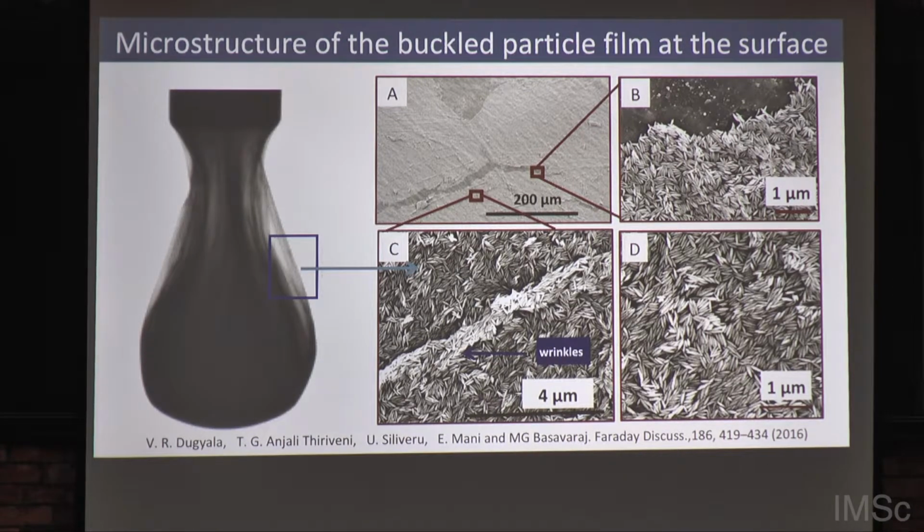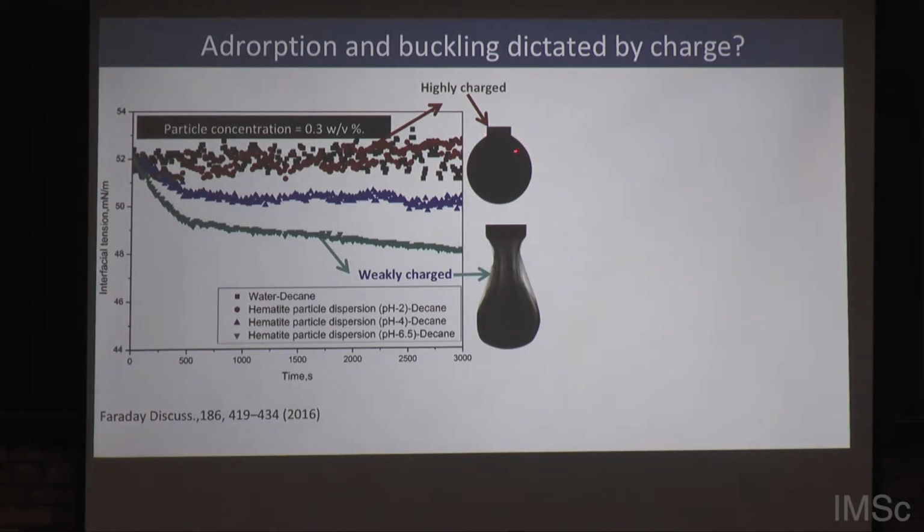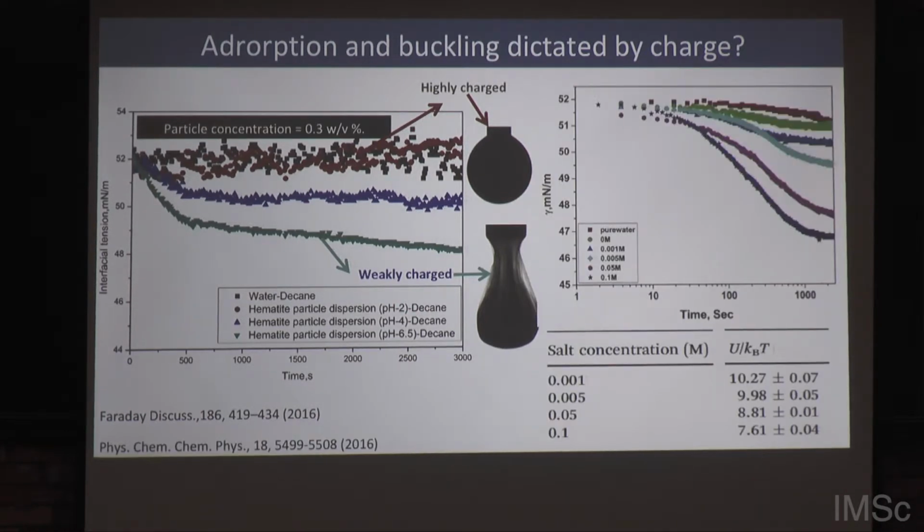Now, just to wind up this part, whether the buckling leads to isotropic shrinkage seems to depend on the charge. However, charge is not the only factor, because we have done similar, identical experiments with spherical particles, where we tuned the surface charge by adding salt.